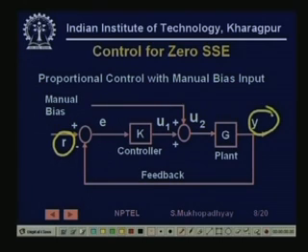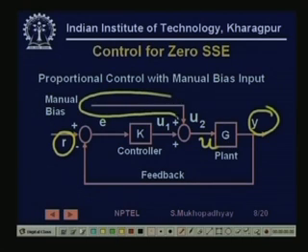Now naturally it happens that for maintaining a particular value of Y, we need a particular value of U. So for the time being, assume that this is not there. Now how are we going to get this U? If you want to maintain this U, then we have to maintain a particular value of E. So unless we have a certain amount of steady state error, we cannot generate U, and therefore we cannot generate Y. So we cannot make steady state error 0 ever using proportional control.